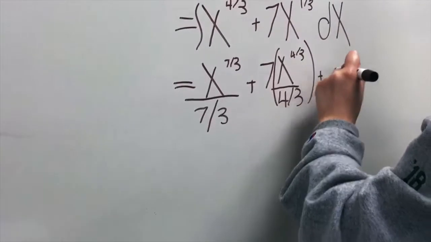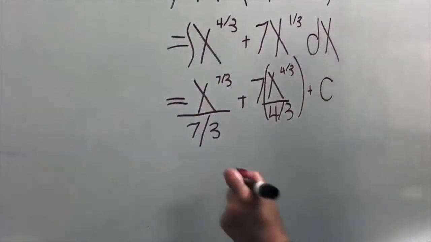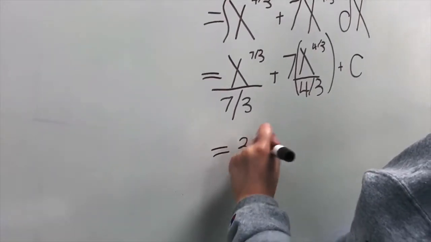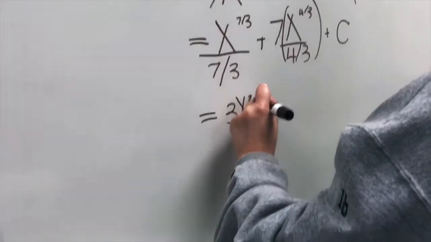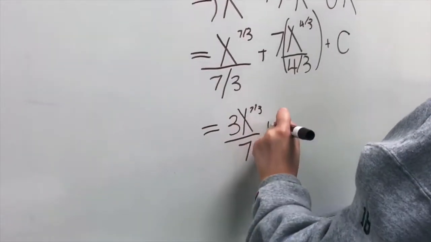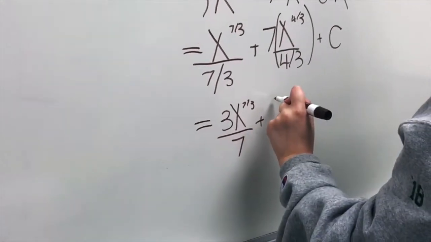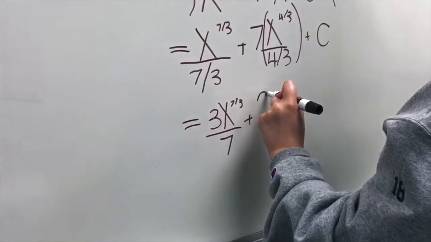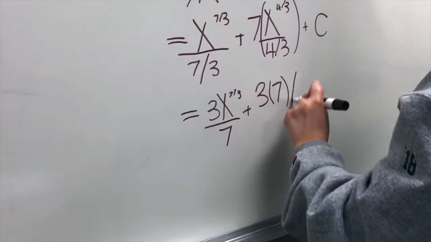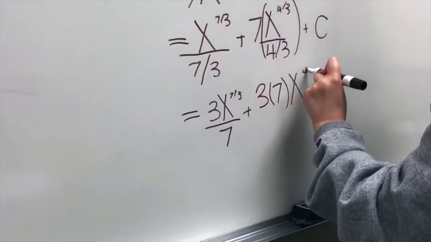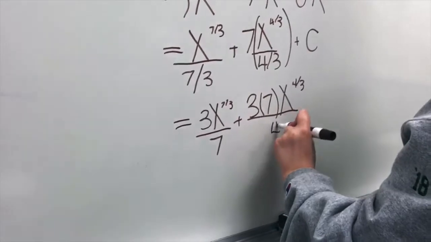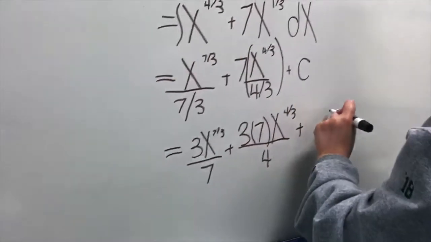And then we can simplify that down to 3x to the 7/3 power over 7 plus 3 times 7x to the 4/3 power over 4 plus c.